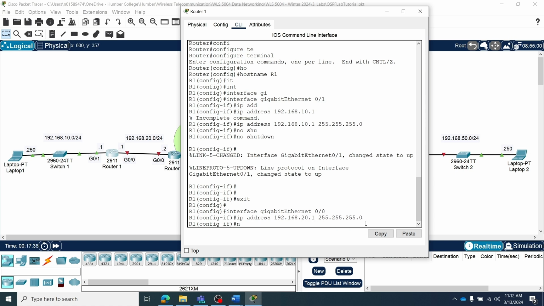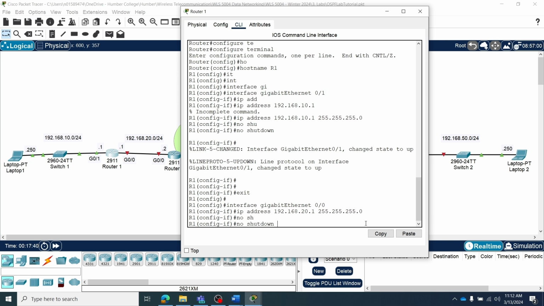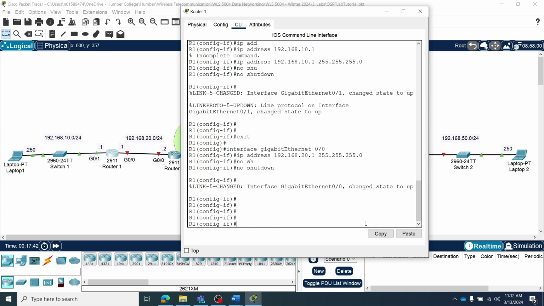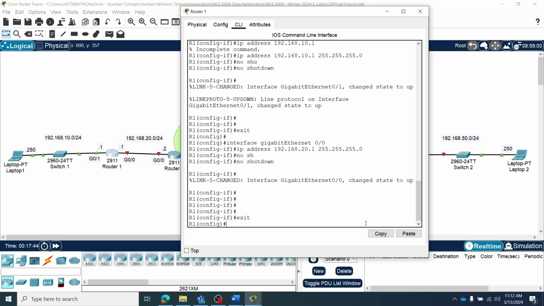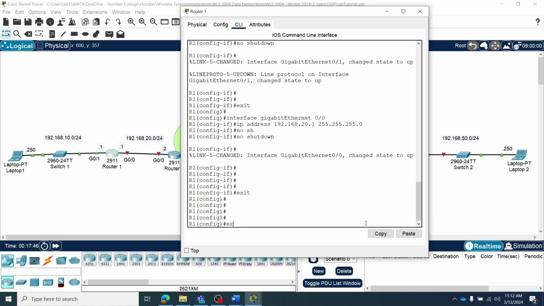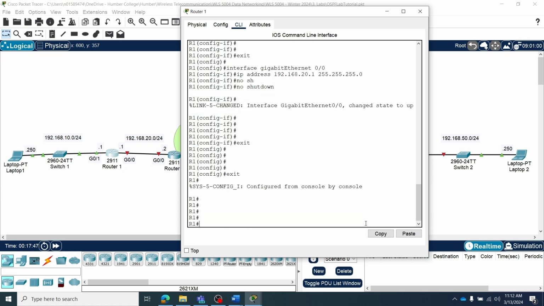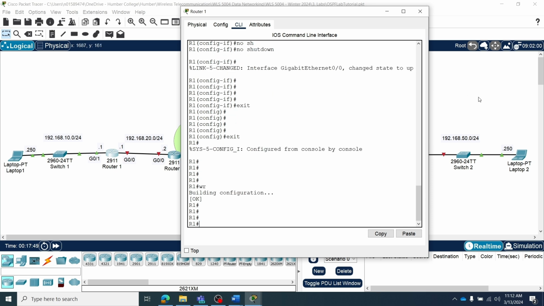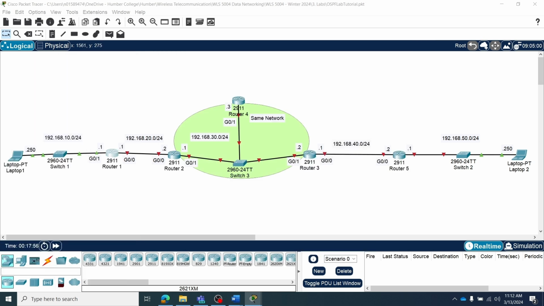Now no shutdown. Okay, so IP address configuration of router 1 is done.